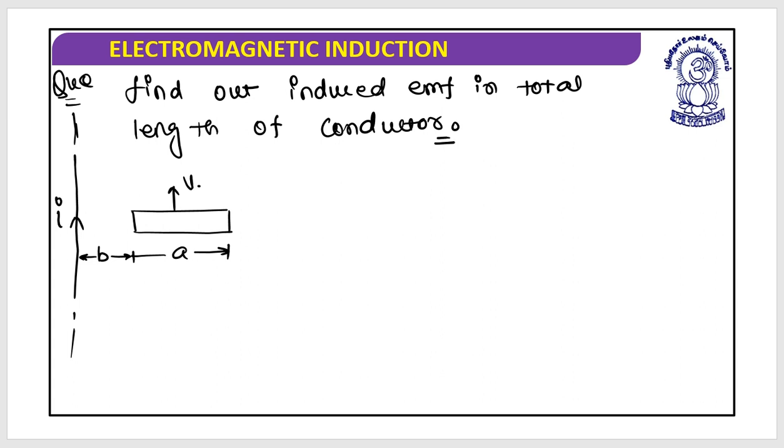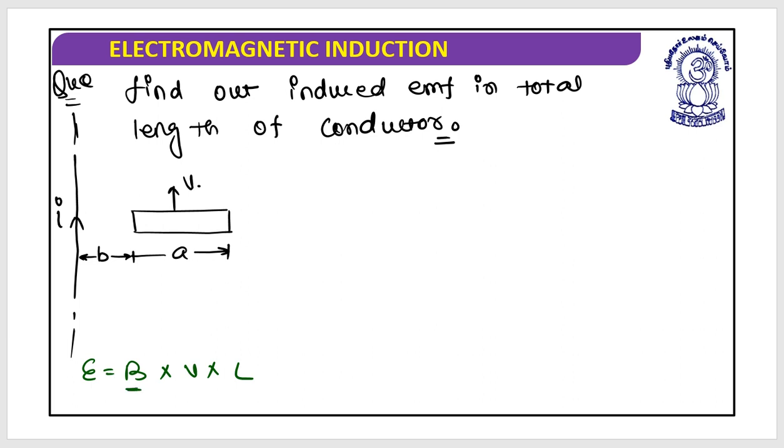How will you do this? They said find out the induced EMF in the total length of the conductor. How can you do this? One thing is sure, E would be equal to B into V into the length of the conductor.